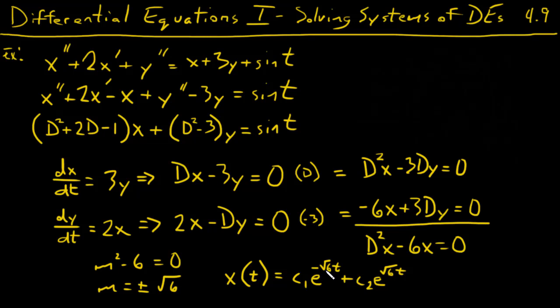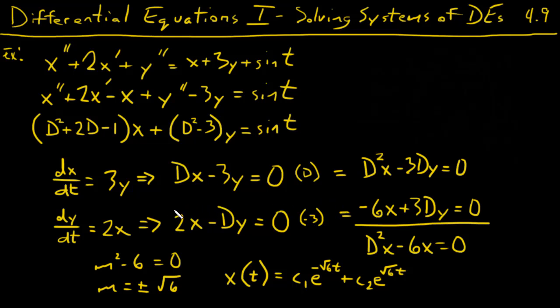And you can do kind of a substitute back in, I guess, but don't do that. You're going to wind up with some very non-friendly things if I try to plug this solution in up here with the primes and the double prime. Don't go through all that. What you should do instead is start the same process over again, but try to eliminate the x's instead of the y's.